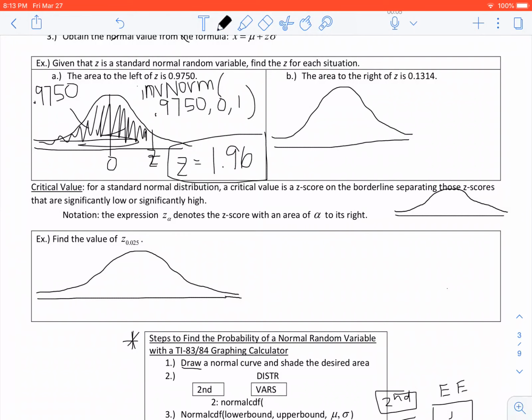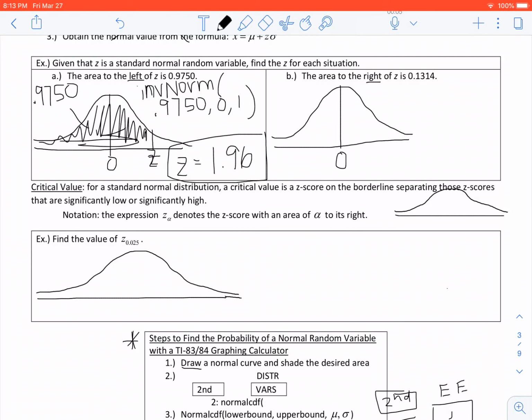So we're going to go ahead and look at B. This time it says the area to the right. The other one was the area to the left, so you can see both of those. Of z, and remember z is a standard normal random variable, so put 0 in the middle. That's our mean. And this time it says that the area to the right of z is 0.1314.